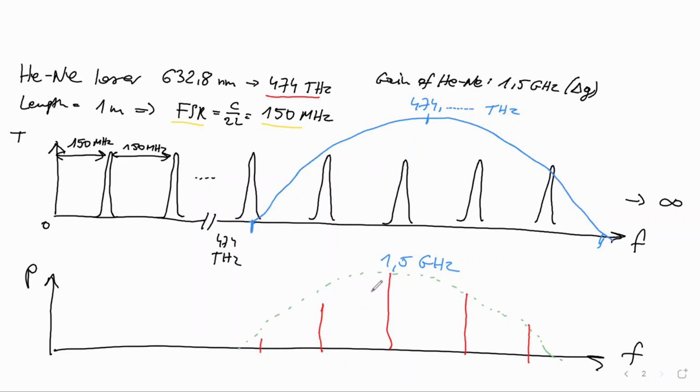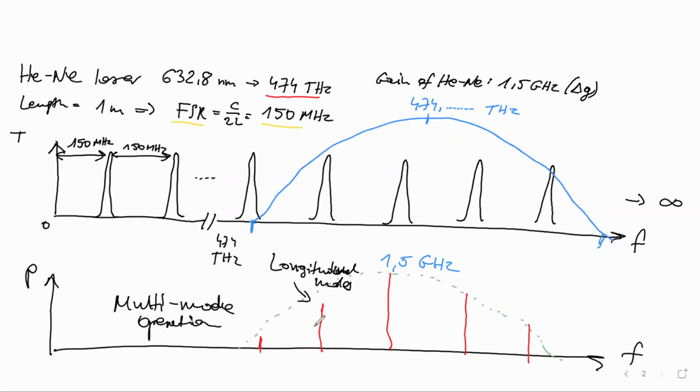So in this situation, you will have a multi-mode operation of the laser, so multi-longitudinal mode, right? Because these lines here are longitudinal modes. The spectrum of the laser will be the one that I plotted with red lines.